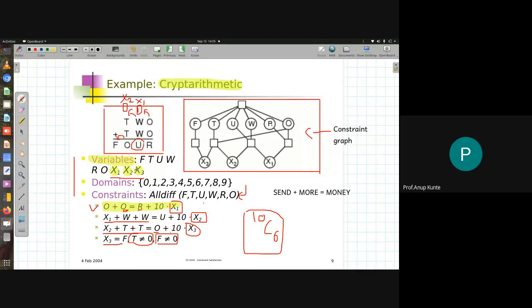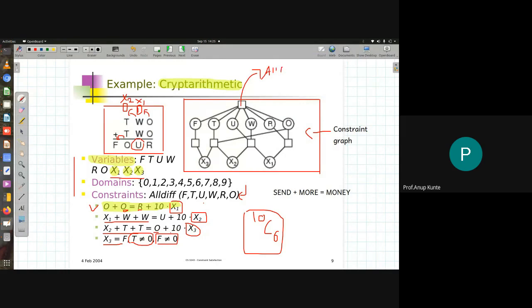Last week we also saw that there is something called a constraint graph, using which you can visualize what different constraints a problem has. The same thing is shown here. This constraint graph shows most of the constraints that are not unary, that means which involve more than one variable. This particular constraint, you will naturally say, is my all diff constraint.